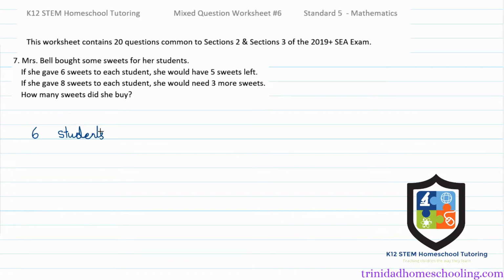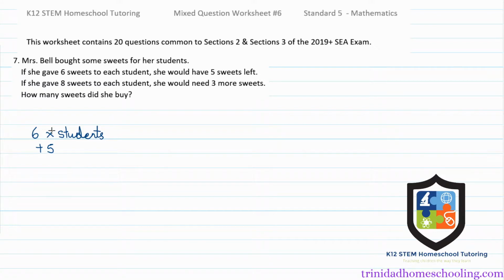The amount she would give them would be 6 multiplied by the number of students. But she had 5 sweets left, so she still had 5 sweets remaining.